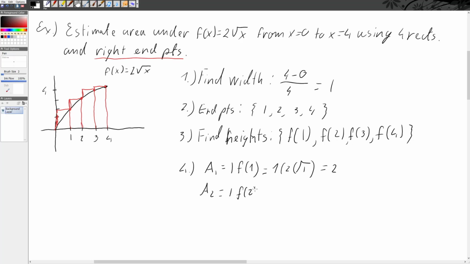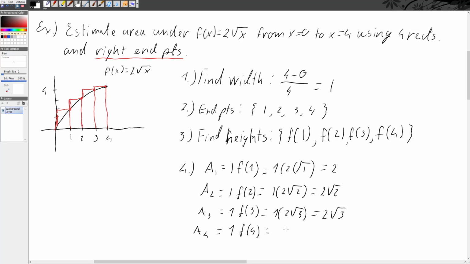Width times height, that is going to be 1 times 2 times the square root of 2. f of 3 is going to be 1 times 2 square root of 3. A4 is going to be equal to 1 times f of 4, which is 1 times 2 square root of 4, which is just 2 times 2, so that's just going to be 4.